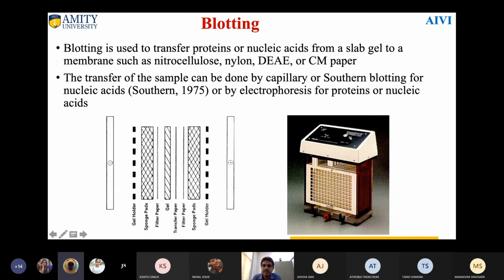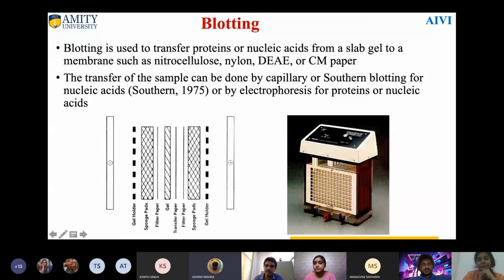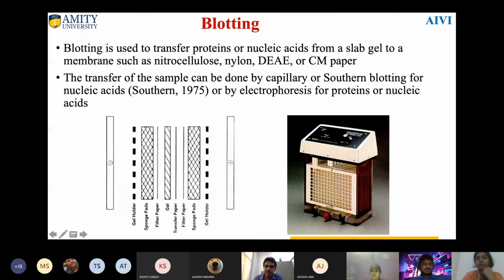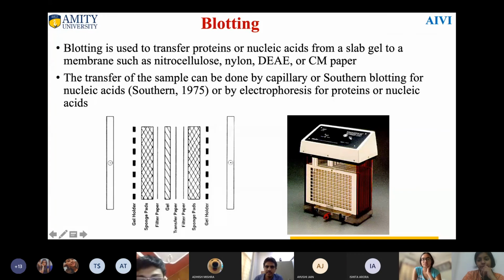Present, sir. Atoyba? Present, sir. Ayushi? Present, sir. Demetrius? Present. Devanshi? Ishita? Present, sir. Janvi? Present, sir. Kshitij? Manaswini? Present, sir. Kshitij, turn on your camera. Namrata?